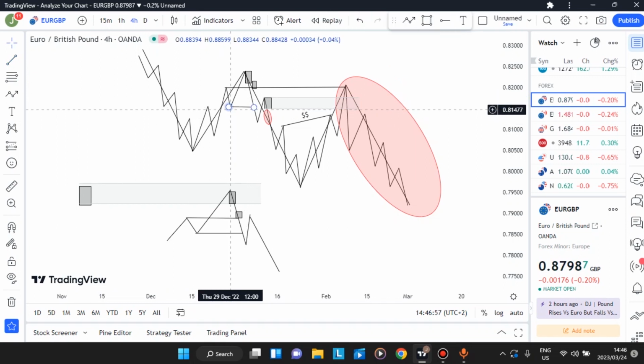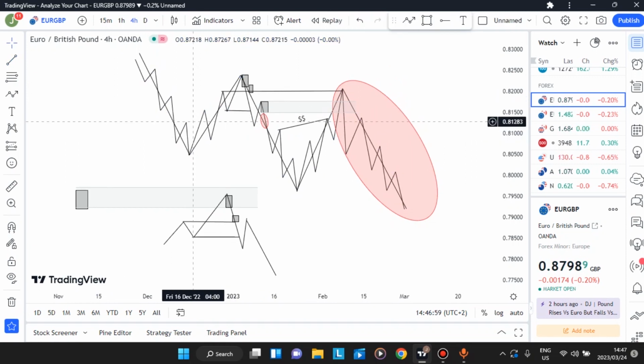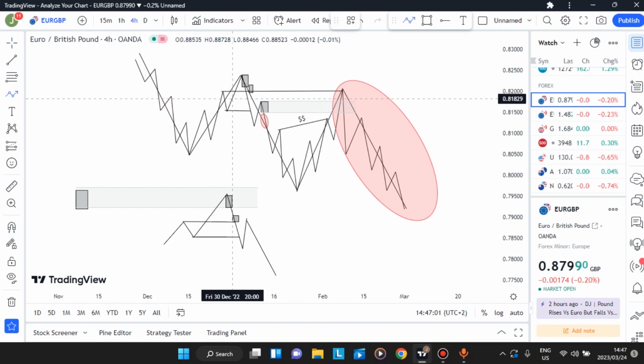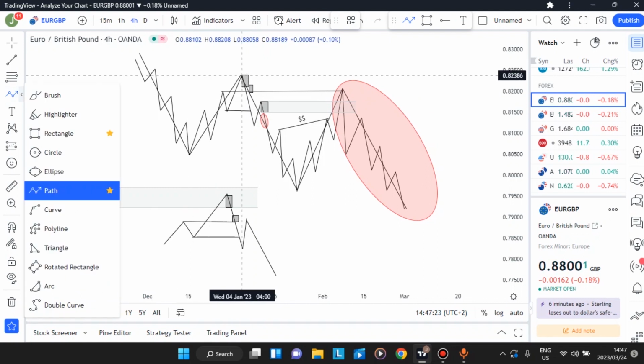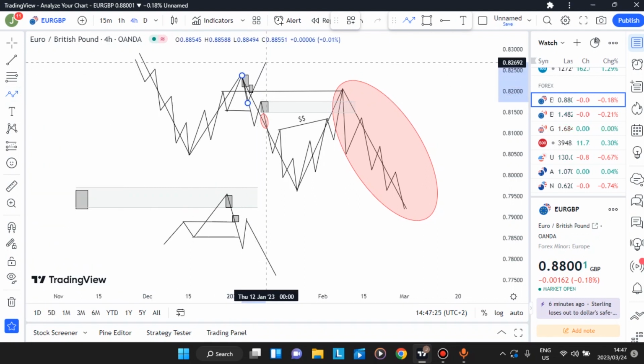We know that here we have a breaker block because the market was creating a higher high, a higher low, a higher high, a higher low. We expected the market to react to an order block and continue upwards, but instead the market broke to the downside.